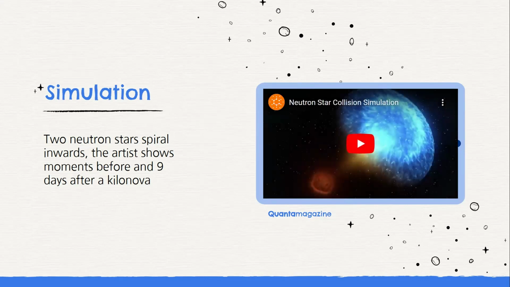As you can see, after the neutron stars merge and collide, there is a great burst of gamma radiation. And this is how LIGO detects the signal.